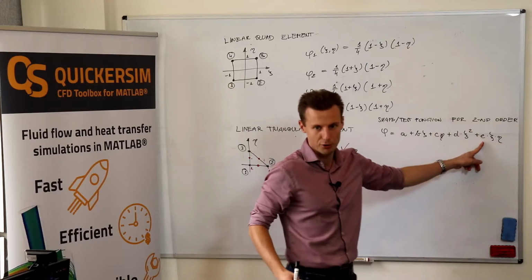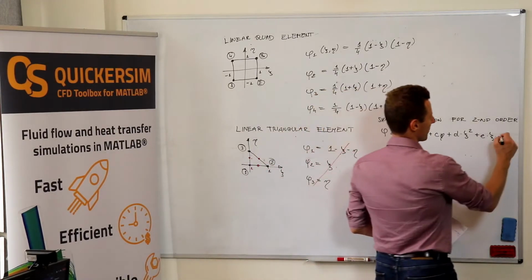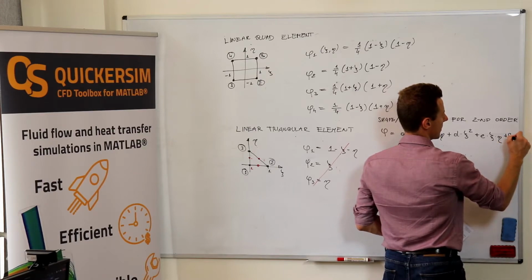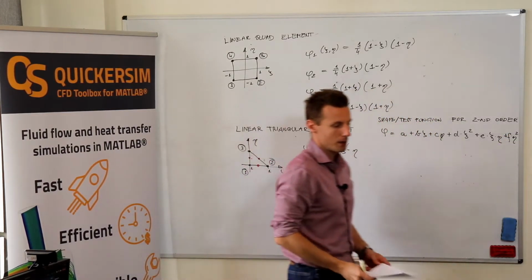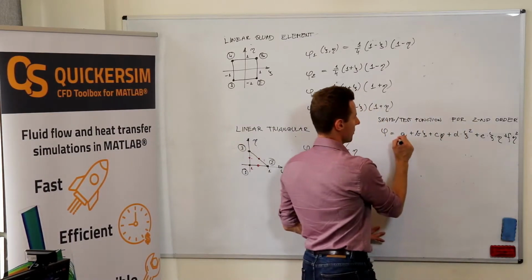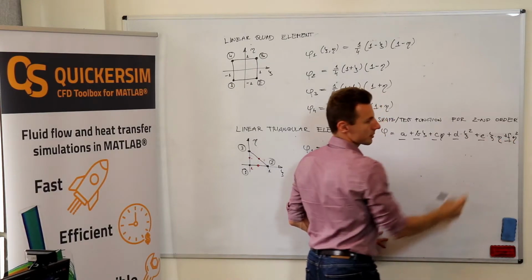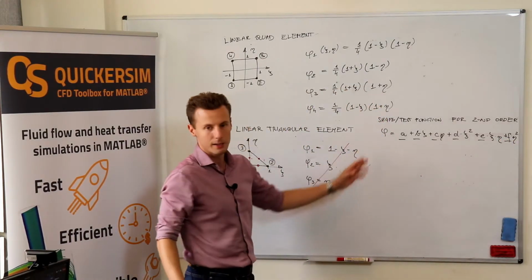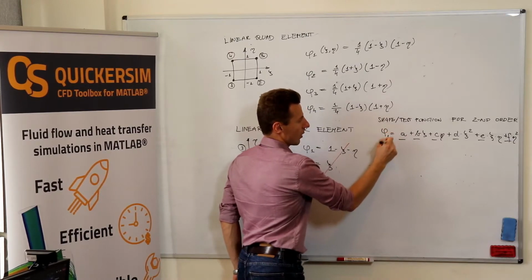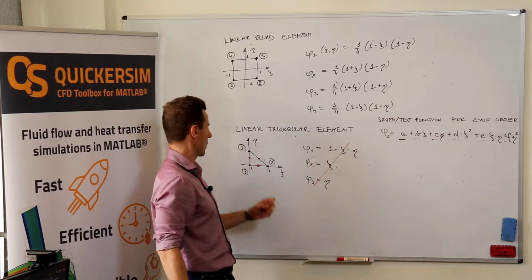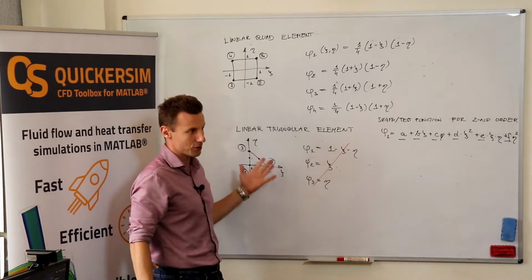This one is obviously not an exponent. It's not like an Euler number. Plus f times eta squared. Good, and obviously we don't know what these coefficients are, and these coefficients need to be selected in such a way that phi 1 is exactly 1 at the first node and is 0 at each other node.